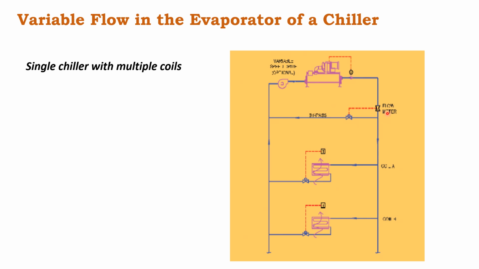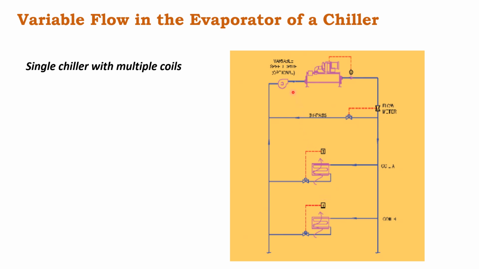This flow meter is installed to ensure my chiller gets the minimum flow of 50%, 30% or 25% for which it is designed during low load conditions. So this is how it operates and gives the best efficiency.